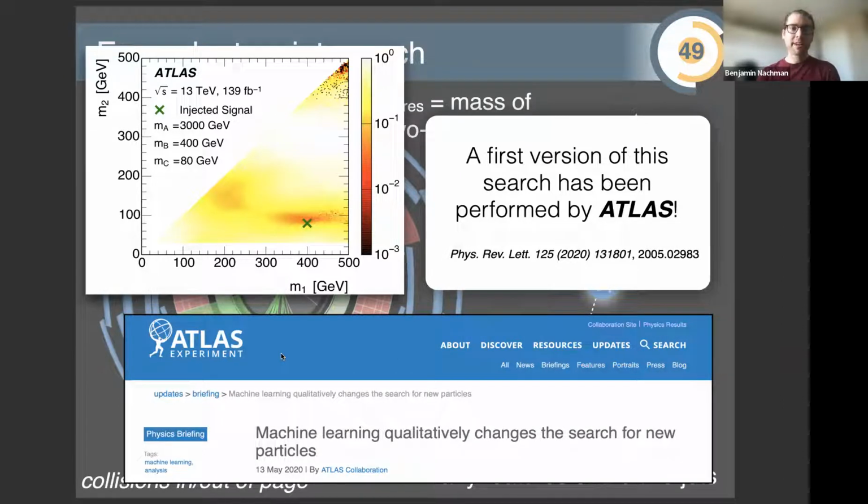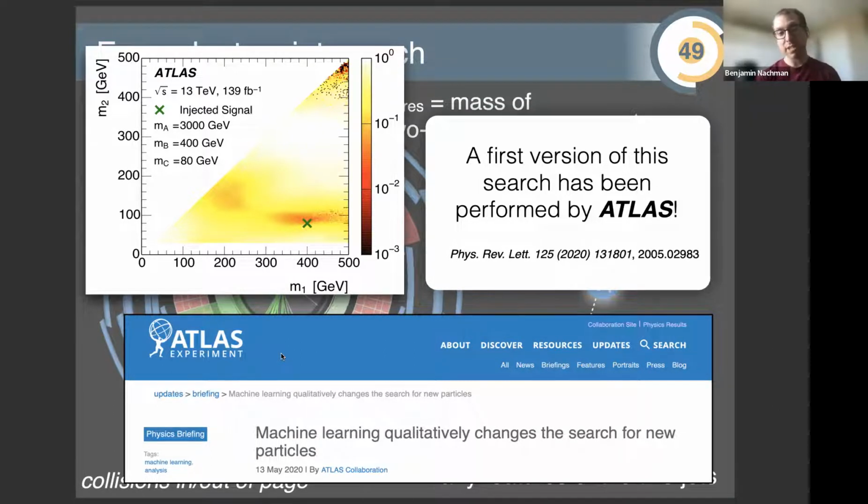And the point is that a signal has been injected at the point indicated by a green cross, and the neural network has automatically identified that there's something weird going on there, and that's why the color is red. Actually, it's the neural network output, but it's basically the inverse. It's rescaled such that low values correspond to high neural network score. So it's really identified this region of phase space, something weird is happening.